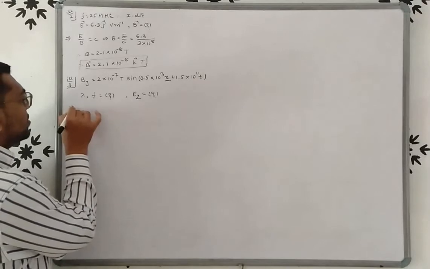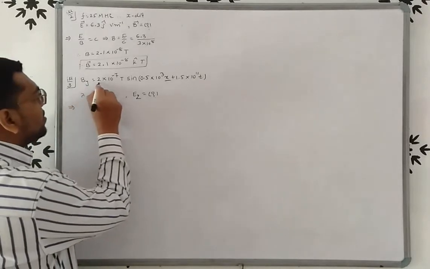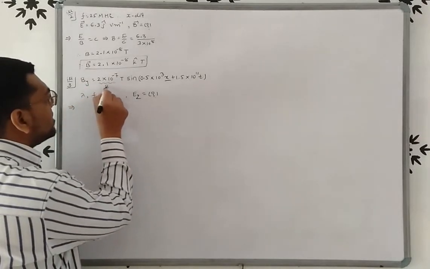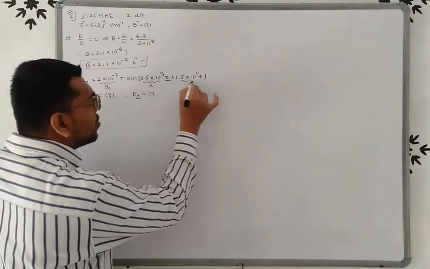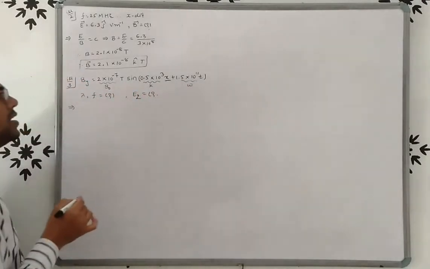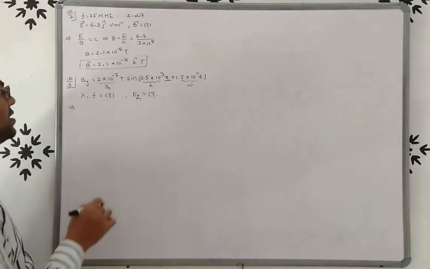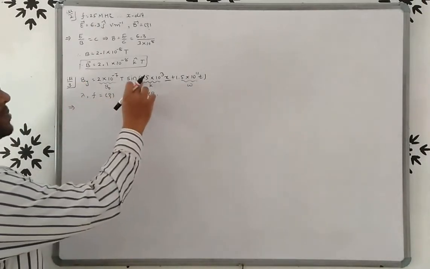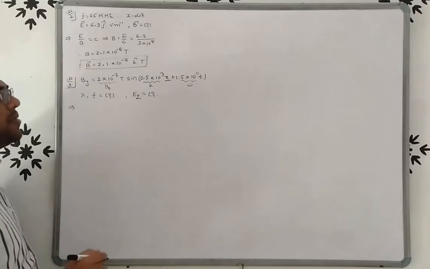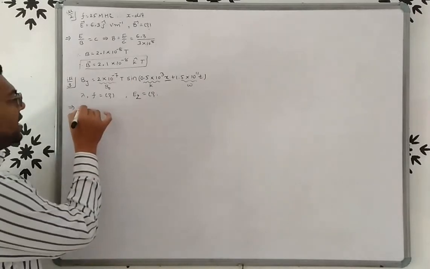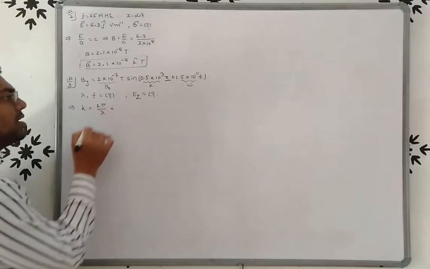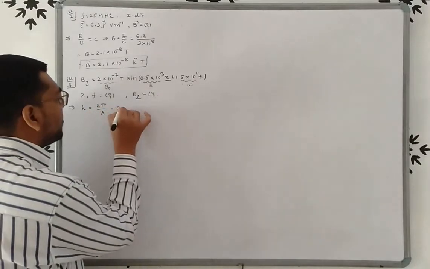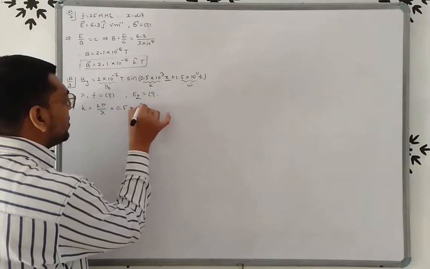Right? So here see, By is equal to B0 sine kx plus omega t, so this is k, and this is omega. So here we know the value of k, that is 0.5 into 10 raised to 3, right? So to find lambda, we know that k is equal to 2 pi by lambda. So the value of k is 0.5 into 10 raised to 3.